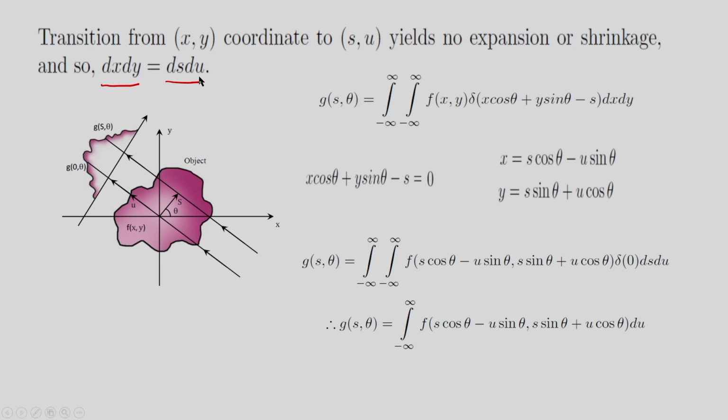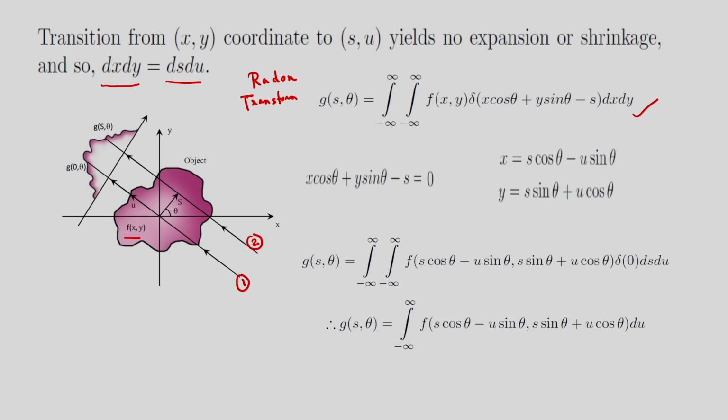Because of this, we have the Radon transform equation: g(s, theta) is the integral of f(x, y) times the delta function delta(x cos theta plus y sin theta minus s) dx dy. This is called the Radon transform.